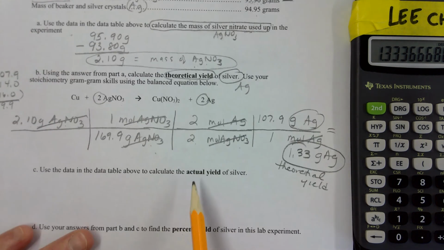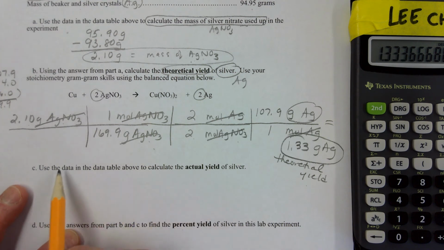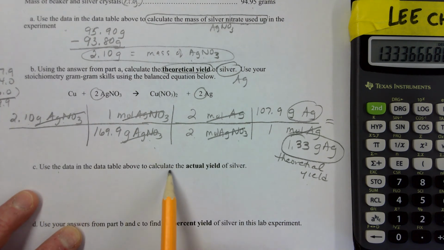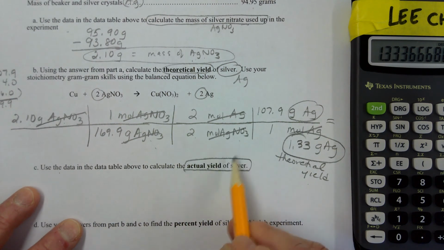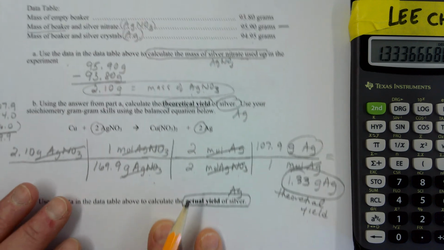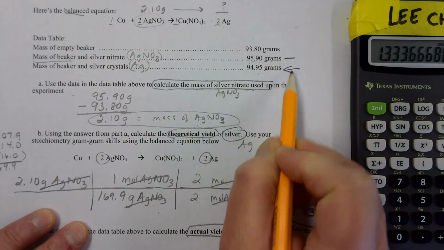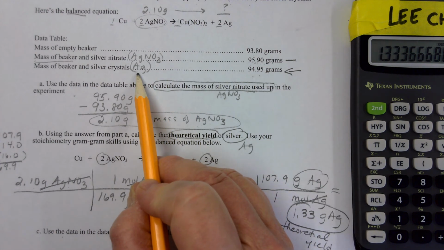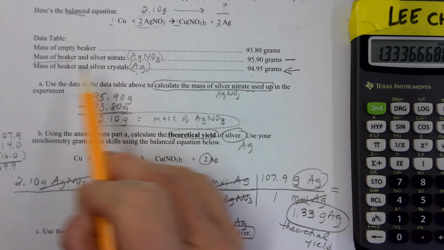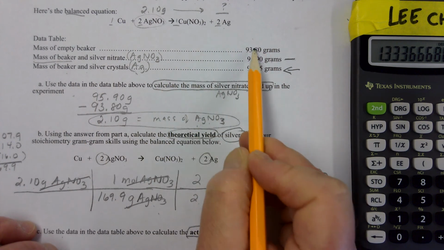Before we can do our percent yield calculation, we need to use the data table above to find the actual yield of silver. In other words, how much silver was actually produced. The final number, 94.95, includes the mass of the silver, but it also includes the mass of the beaker. So we're going to have to subtract out the mass of the empty beaker.